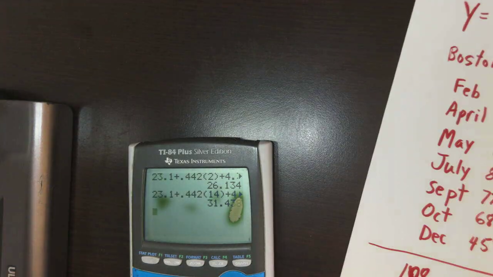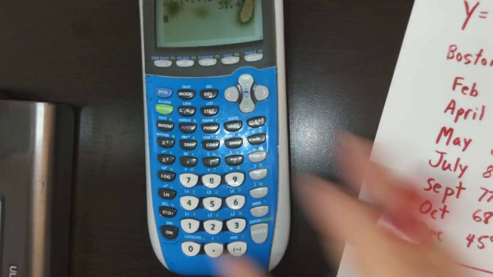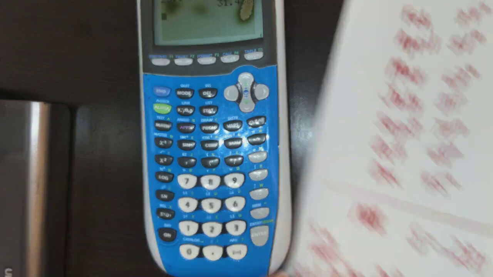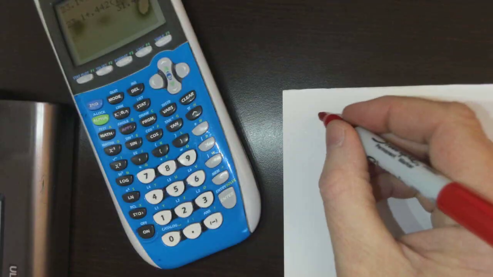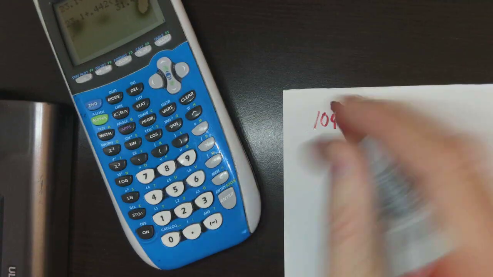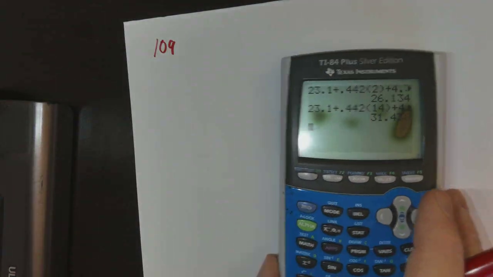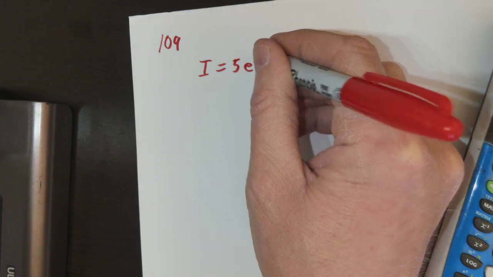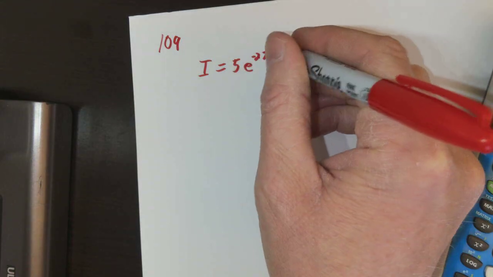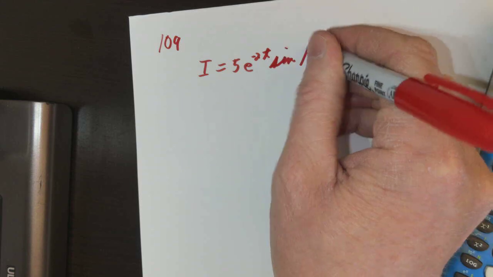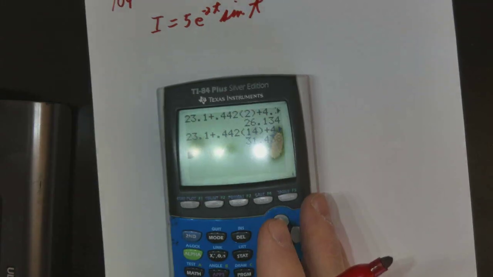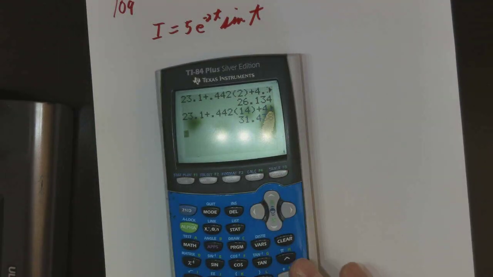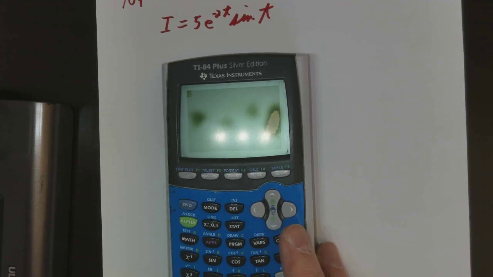And then on number 109, you've got I equals 5 times e to the negative 2t power times sine of t. Okay, this is just a calculation problem that you need to do.